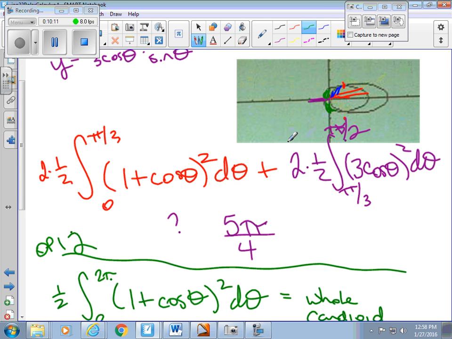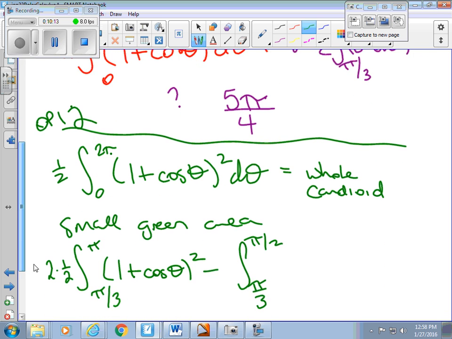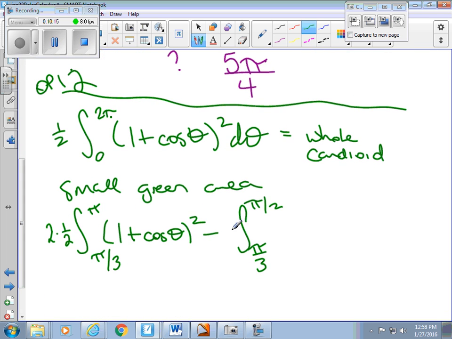On the circle, 2 times 1/2. And it's pi over 2 because, remember, the circle... 3 cosine theta squared.